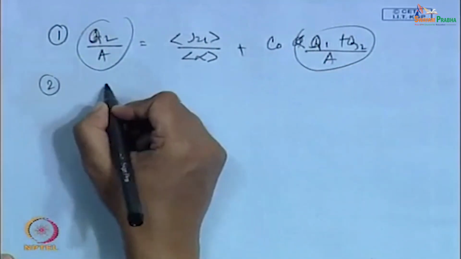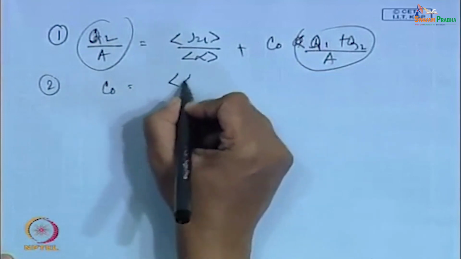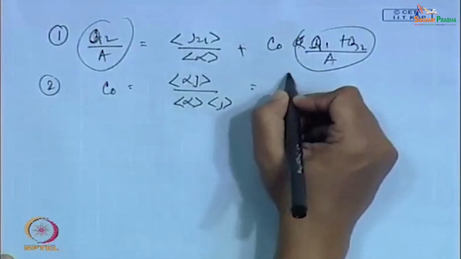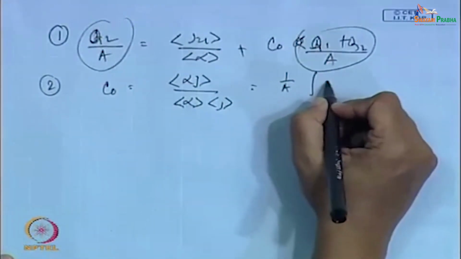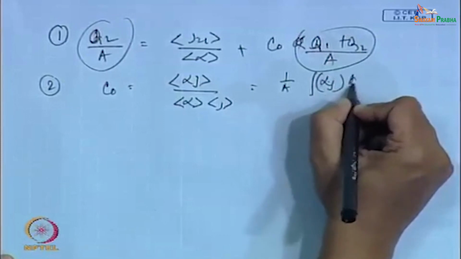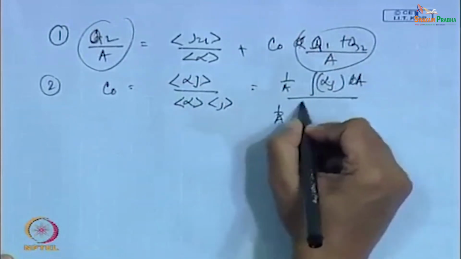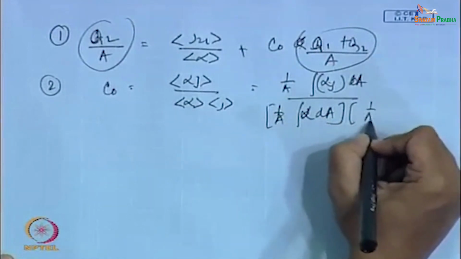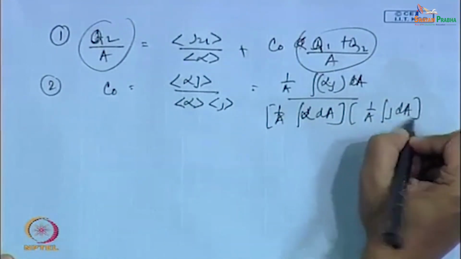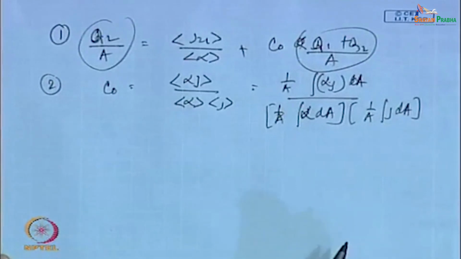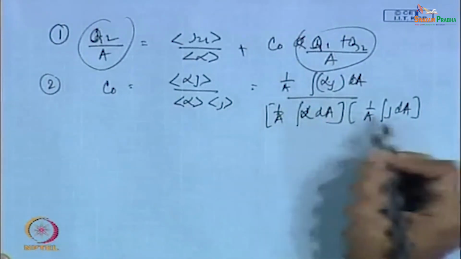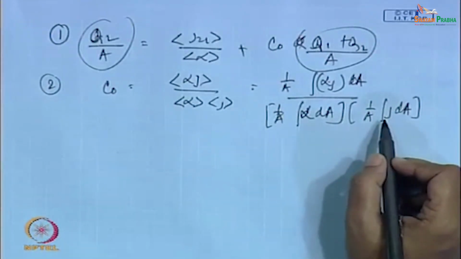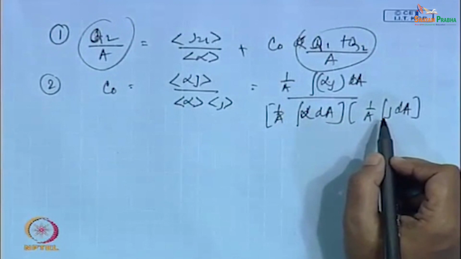The other thing is the basic definition, which is alpha j by alpha j, okay? Or in other words, if we go to the actual definition, this is the other definition. So, from the velocity profile and the concentration profile also, we can find out C0. This can be the other way, is not it?